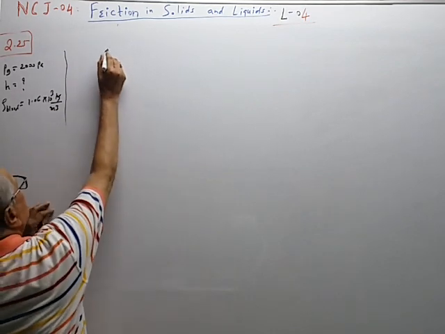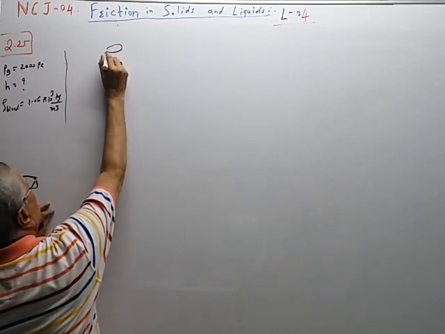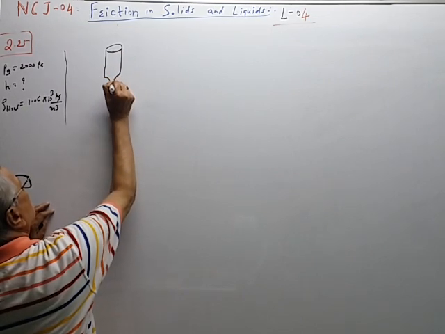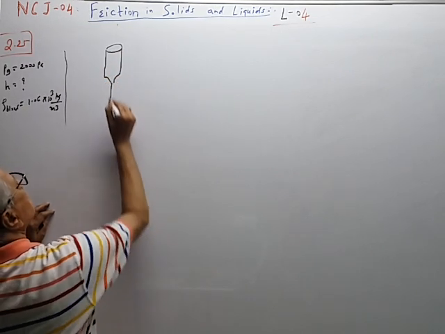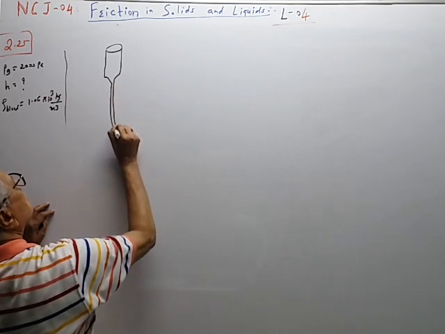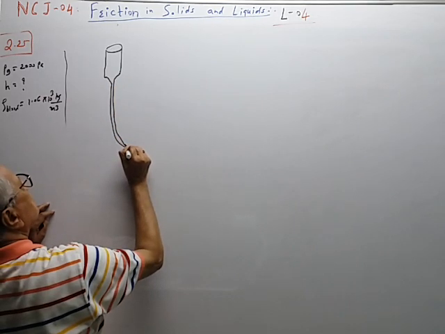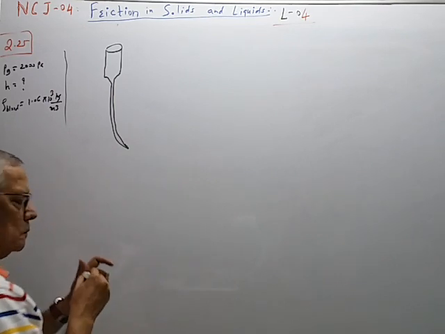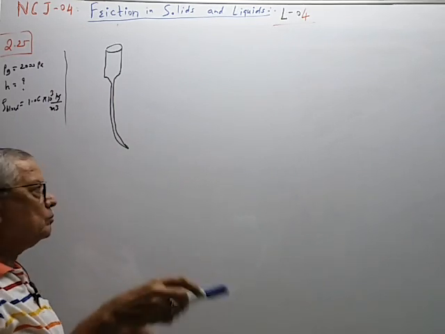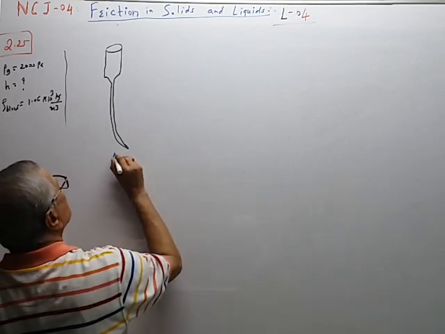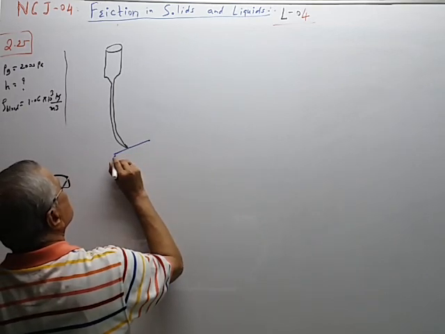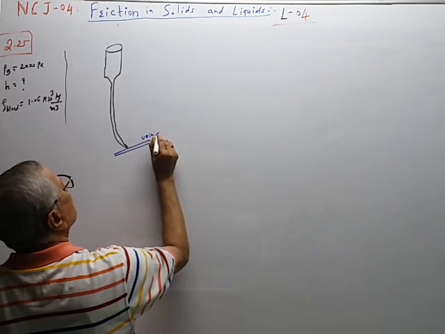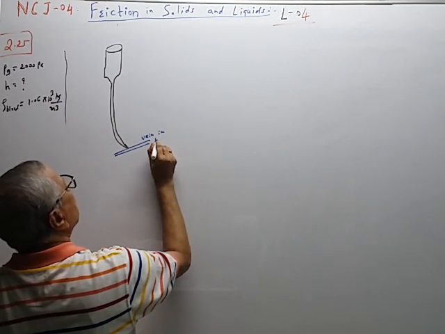So the problem is like this. Suppose this is a blood bottle, and it is given to the vein in the human body.